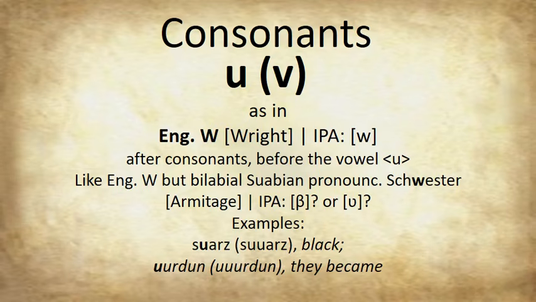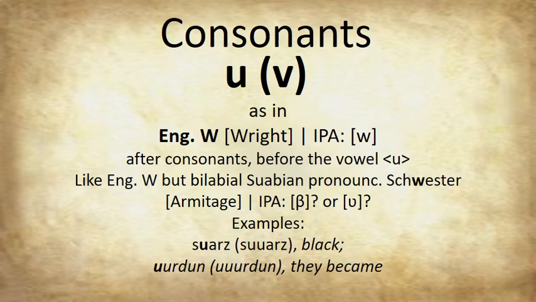However, by extension for Armitage, his interpretation of the sound W, while we're already here, he describes it as like a W in English, but bilabial, and he compares it with the Swabian pronunciation of Schwester. I gave a standard German pronunciation there, but the way he describes it hints towards a bilabial voiced approximant, or a voiced labiodental approximant.